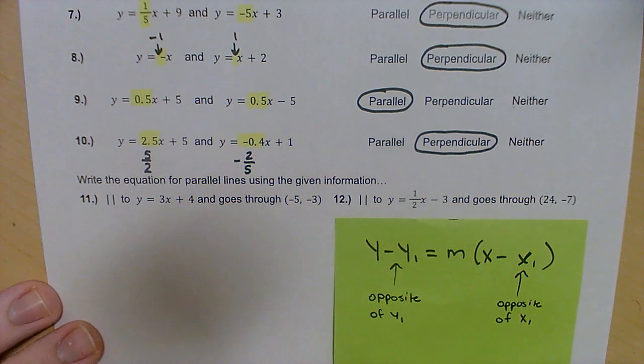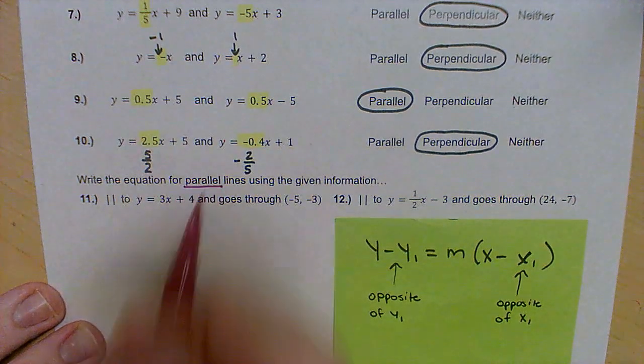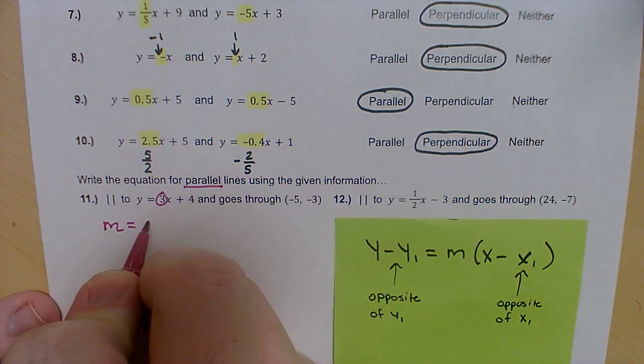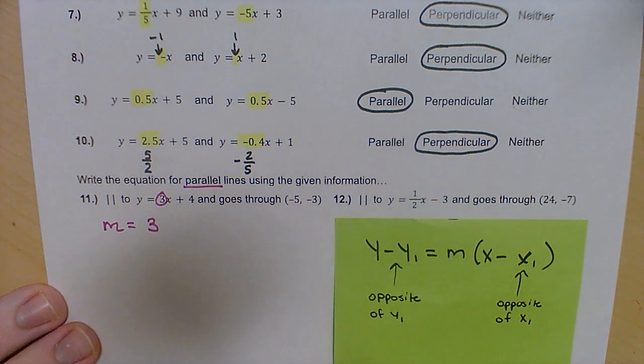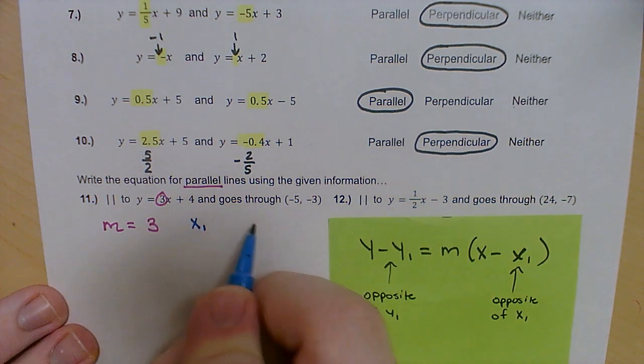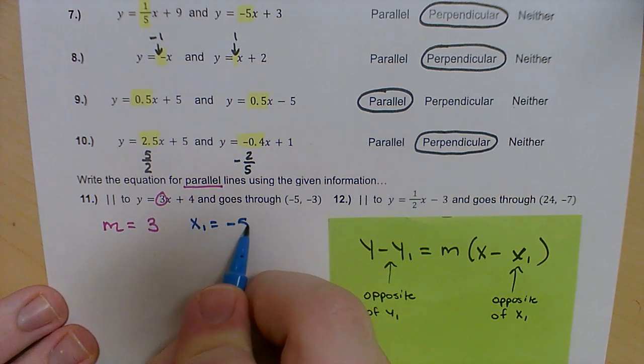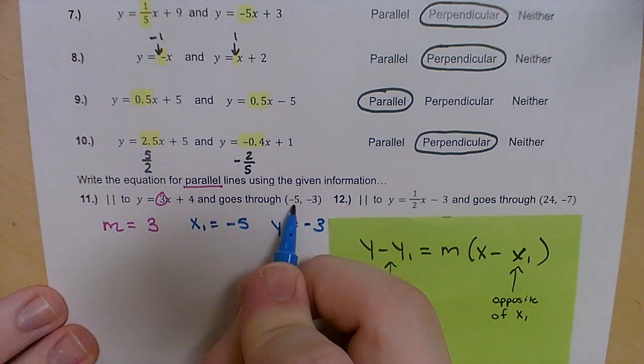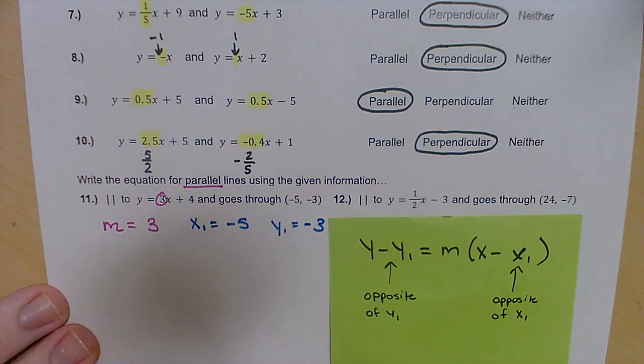So, if we're going parallel, then the m, the slope that I need, is just 3. And then x1 is just -5, y1 is just -3. Just the x-coordinate and the y-coordinate from this point.